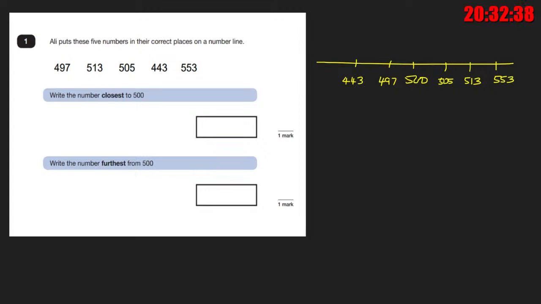The only thing you need to understand is the gap. What do I mean by gap?